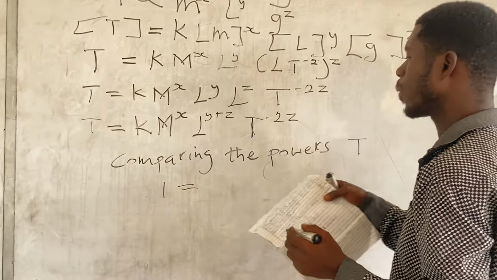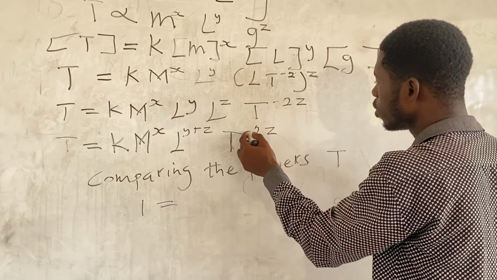When we come to the right hand side, what's the power of T? It's negative 2Z.